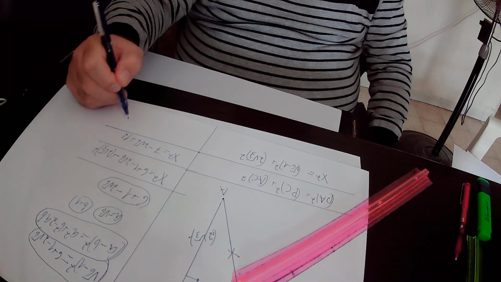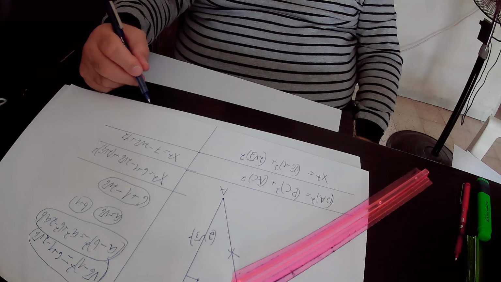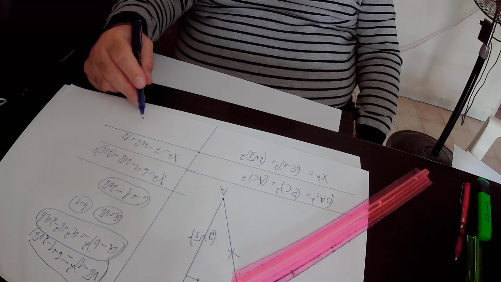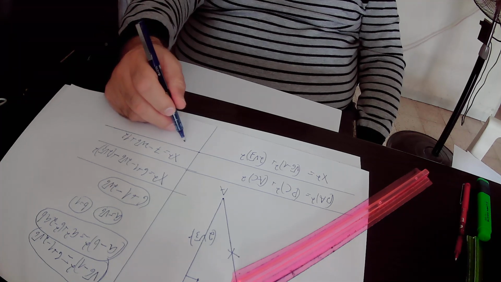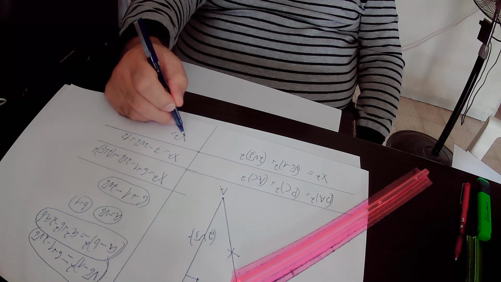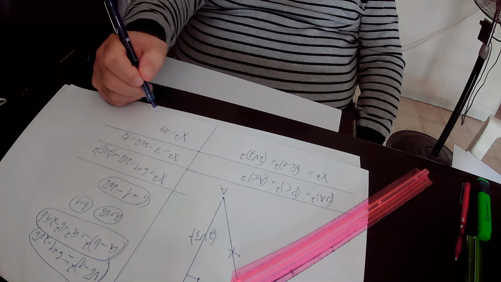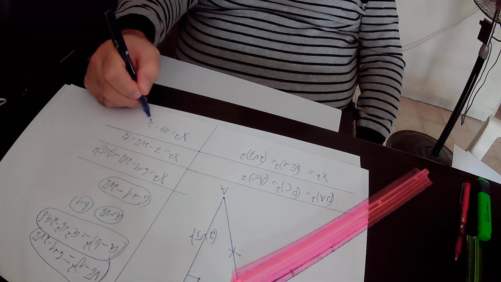In conclusion, we found out that x square equals 7 plus 12 minus 2 times square root of 6. So x square equals 7 plus 12 is 19, minus 2 times square root of 6.